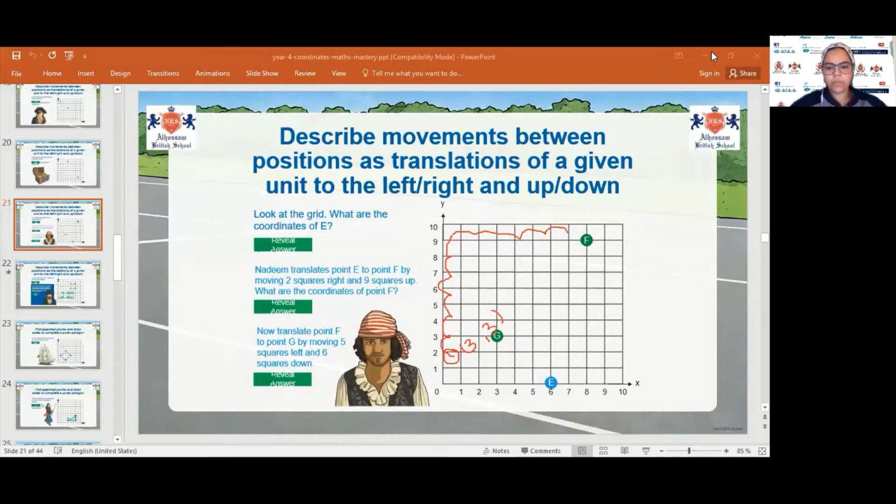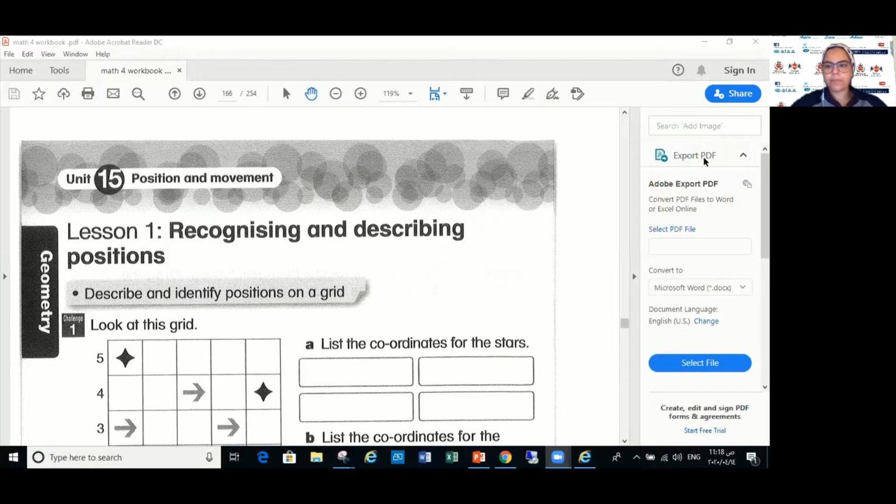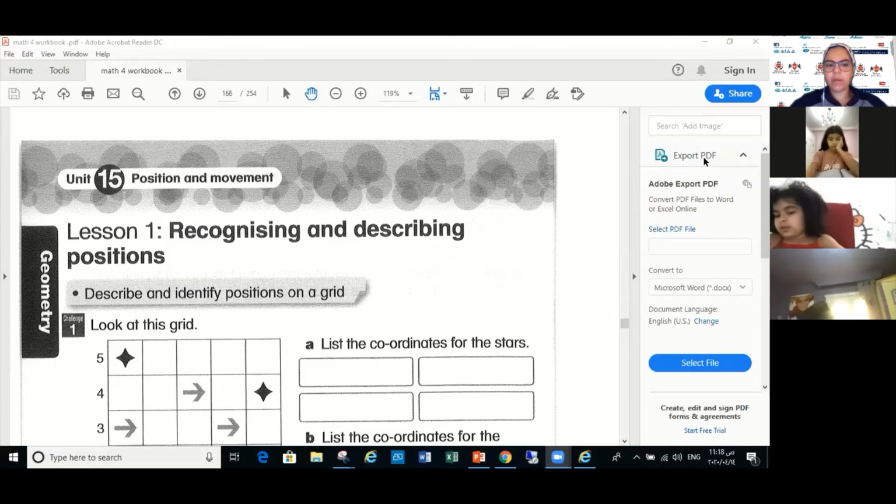Okay, can you see the workbook now, guys? Is it clear? Just put your thumb up if you can see the workbook. Thank you so much.